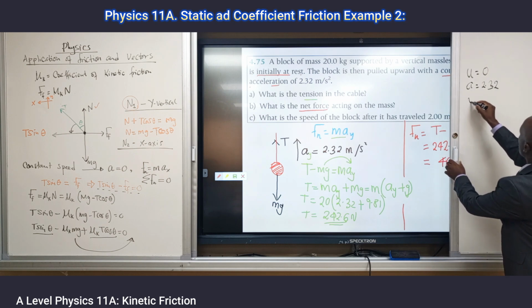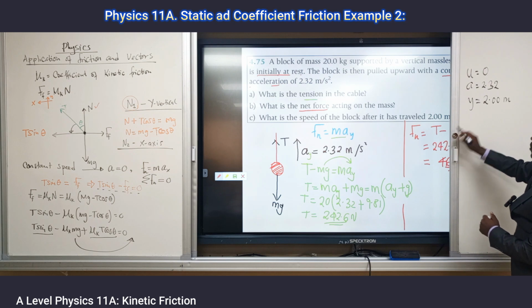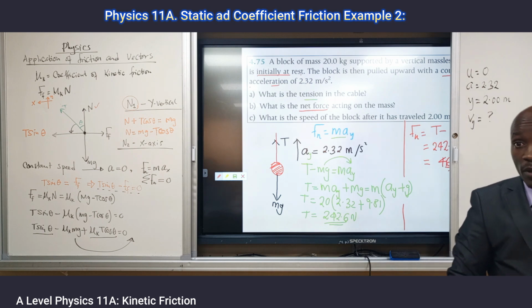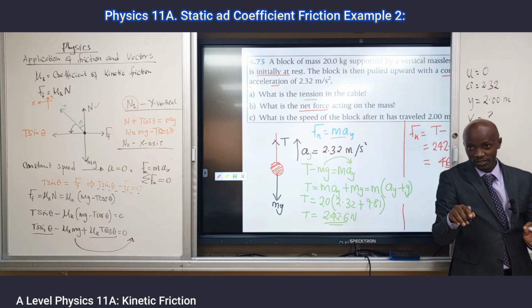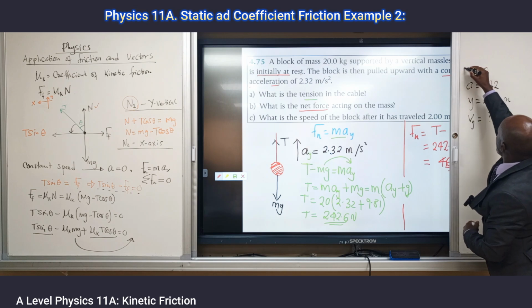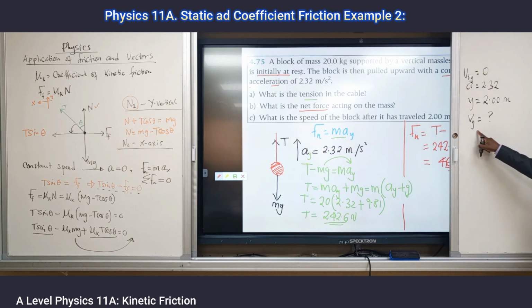So y is 2 meters, and finally we're asking for the speed along the y-axis. This is the distance because we are moving along the y-axis. If we were moving along the x-axis, I would use x. So let's write v initial along the y-axis like that, and this will be the v final.